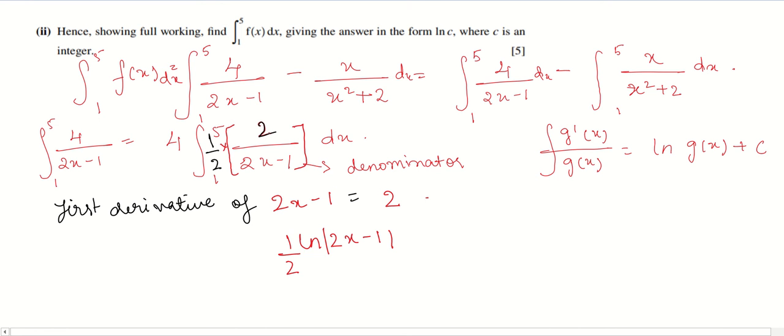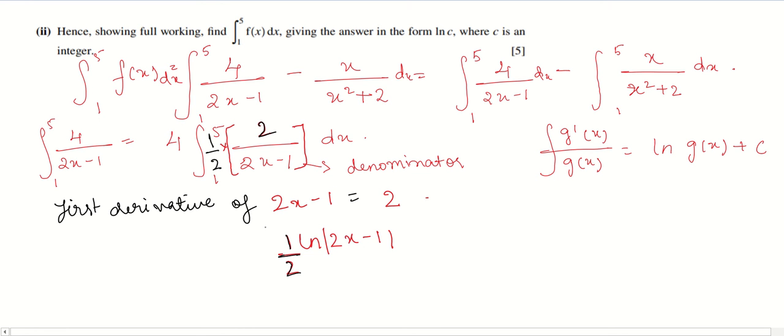We multiplied by 2, so we divide by 2 as well. That's why we wrote 1 by 2 ln 2x minus 1, which is also ln 2x minus 1 divided by 2.